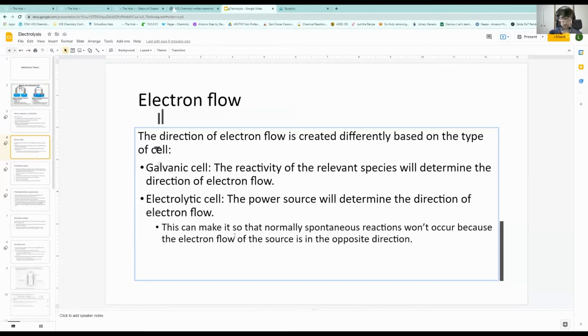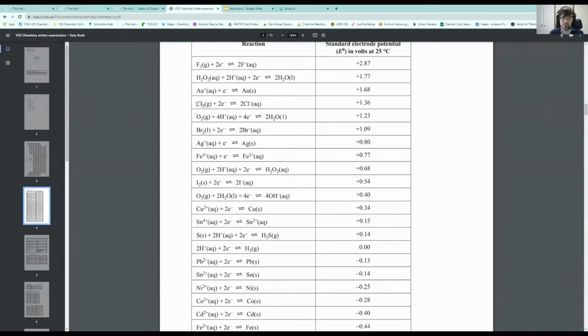So you might see an example of this, but basically you can have reactions that might normally be spontaneous. For example, as I said before, you might have your chlorine gas and your silver hanging out there. And so you'd expect that to react and have the electrons going in a certain direction.